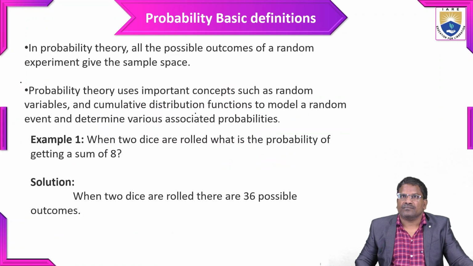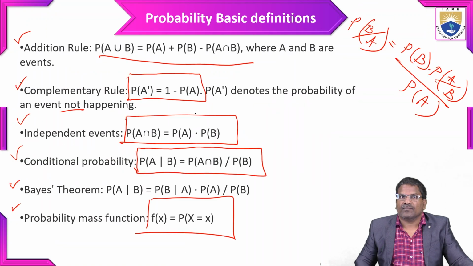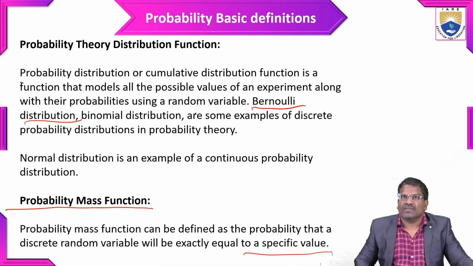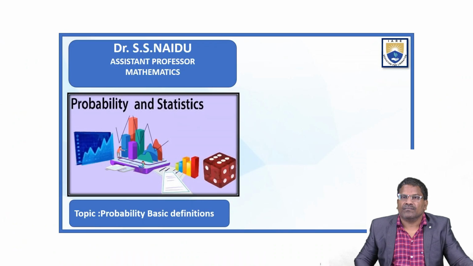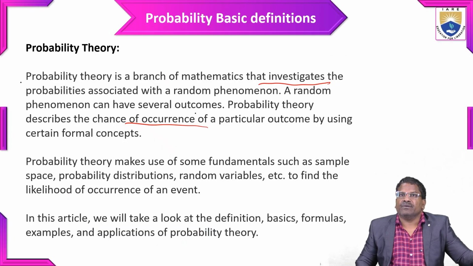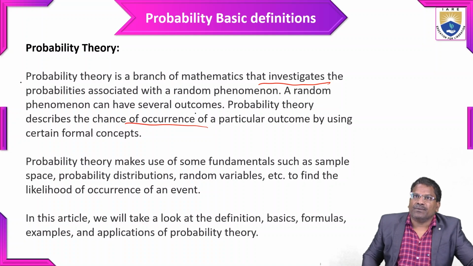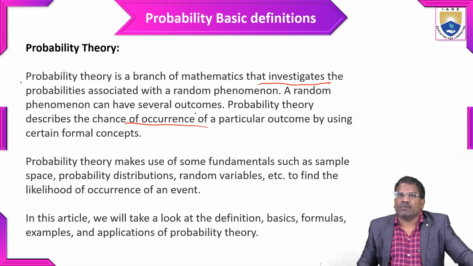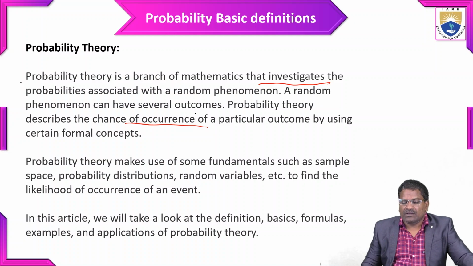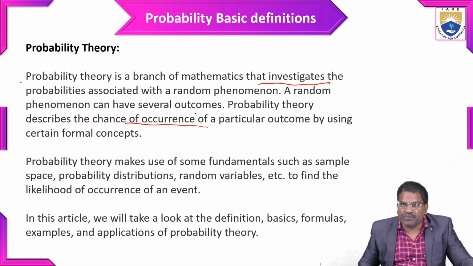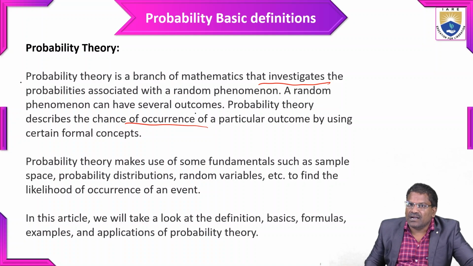So, let us see a recapitulation of our topic. Probability theory investigates the probabilities associated with a random phenomenon. So, we are learning the basic terminology, formulae and other applications of this probability theory.